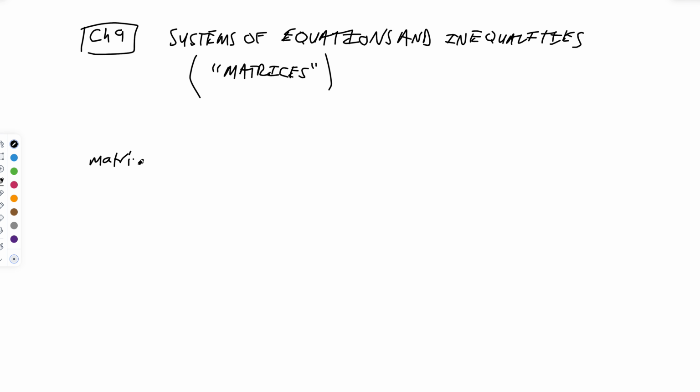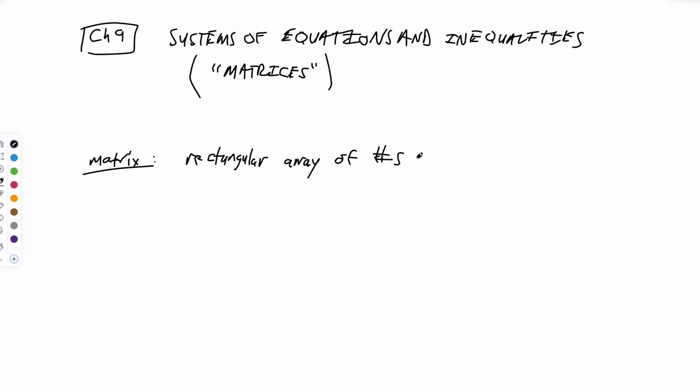A matrix itself, let's define what we're working with here. A matrix is simply a rectangular array of numbers. Okay, so a matrix is a rectangular array of numbers, and our goal is going to be somehow to manipulate this matrix using what we know about arithmetic, right?